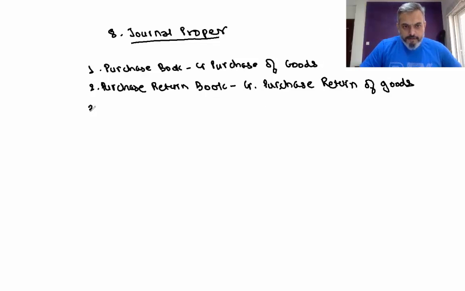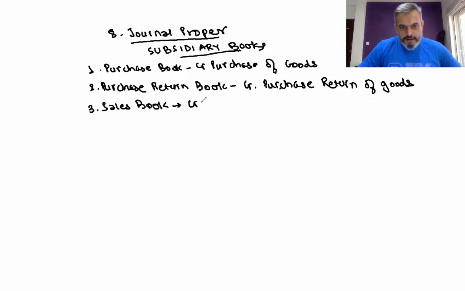Then third subsidiary book is sales book, where we record credit sale of goods.